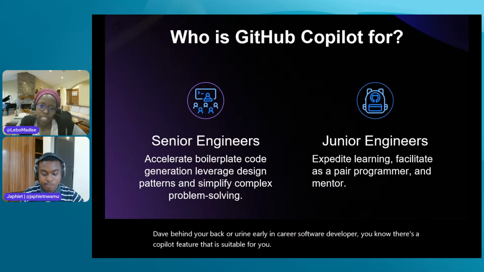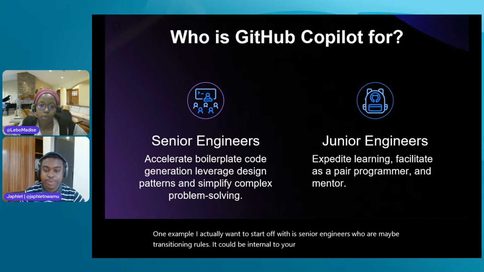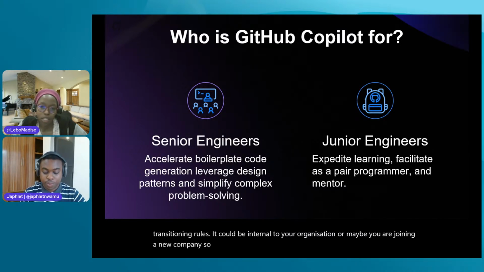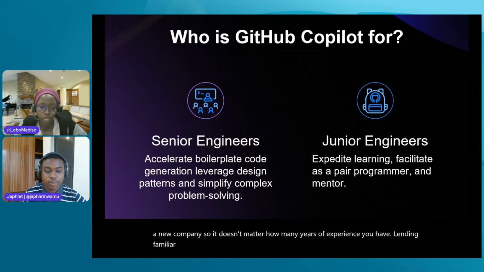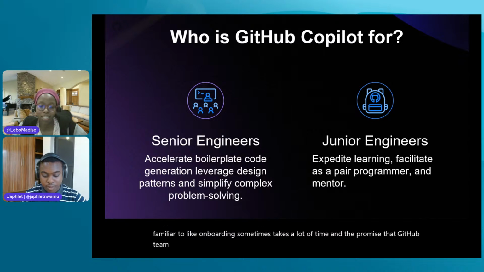And one example I actually want to start off with is senior engineers who are maybe transitioning roles. It could be internal to your organization, or maybe you are joining a new company. So it doesn't matter how many years of experience you have, onboarding sometimes takes a lot of time. And the promise that the GitHub team is giving you with Copilot is that it can save you about 80% of your onboarding experience.